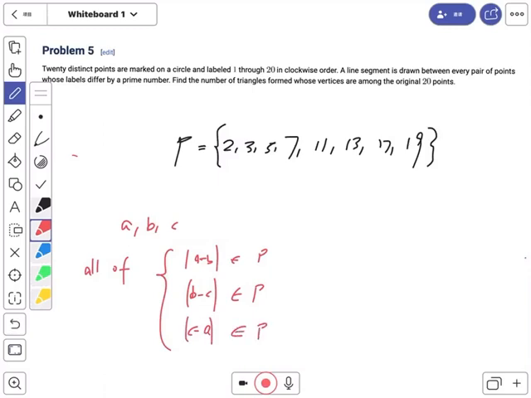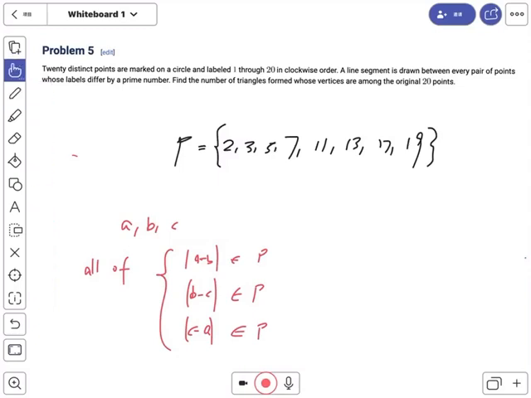So all of these must be satisfied in order for the triangle to be valid.